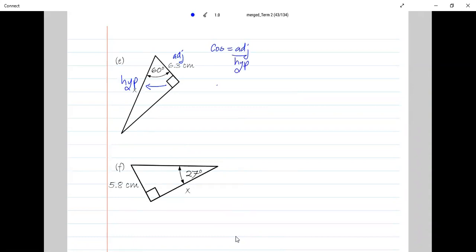Then I'm going to say the cosine of 60 degrees is equal to adjacent 6.3 over the hypotenuse, which is x. If I have one fraction equal to one fraction, I would cross multiply. So this is x times the cosine of 60 degrees is equal to 1 times 6.3, which is 6.3. Divide both sides by the cosine of 60.